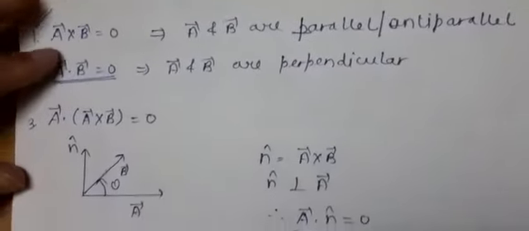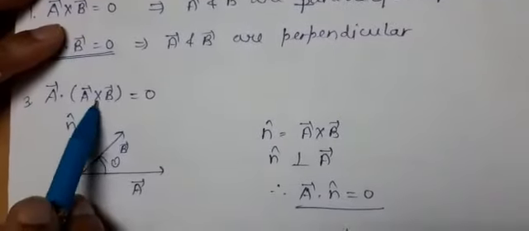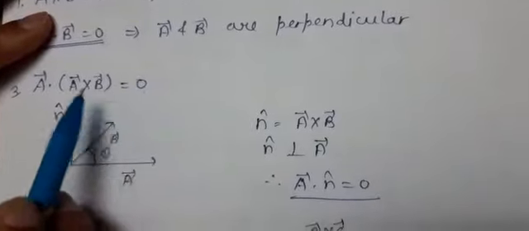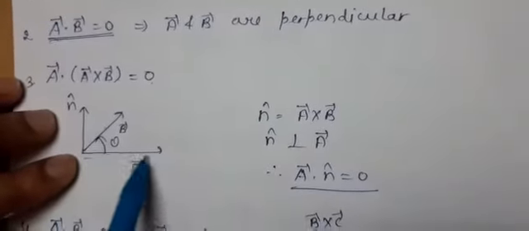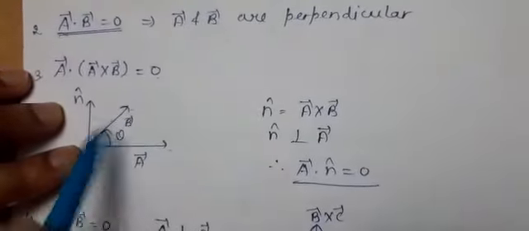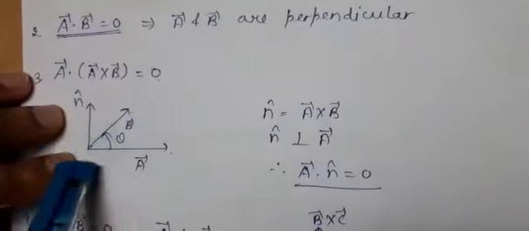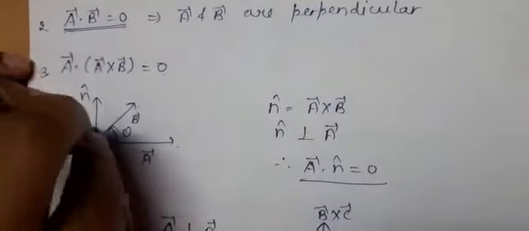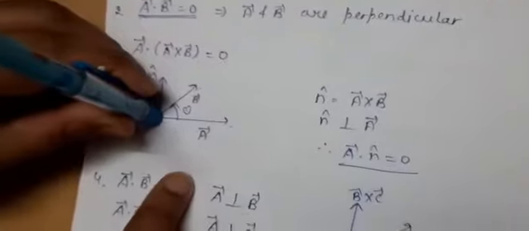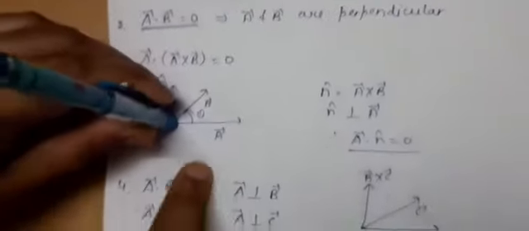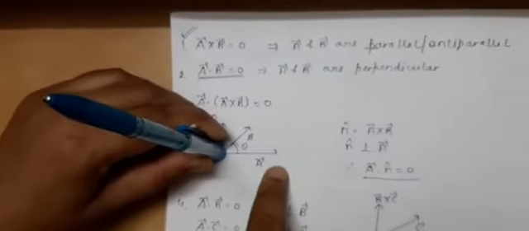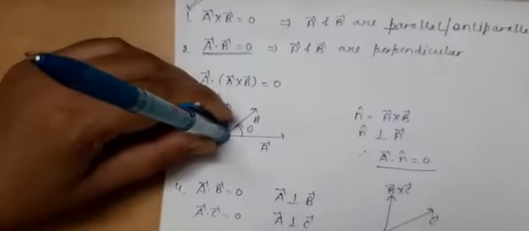One more thing, here I have written that A dot A cross B equals 0. What does it mean? See here, this is vector A, this is vector B. So A cross B will be perpendicular to them. I have represented it by this. So this vector is perpendicular to A and B. Now A dot A cross B: the angle between A and A cross B is 90 degrees.